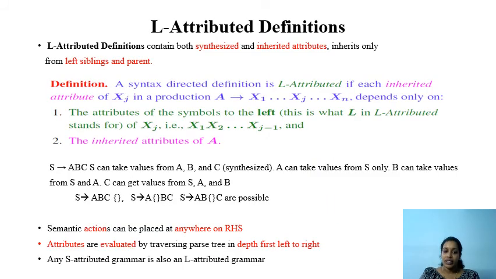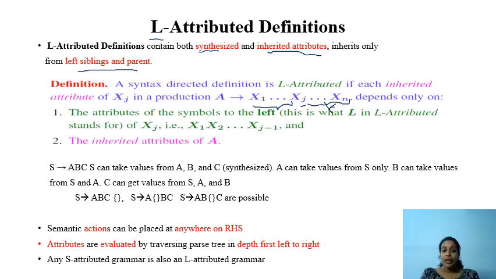L attributed definitions can use both synthesized and inherited attributes. As the name L suggests, an attribute can inherit only from its left sibling and parent. A syntax-directed definition is L attributed if every inherited attribute Xj can inherit only from its left siblings and parent, and cannot inherit from its right siblings.